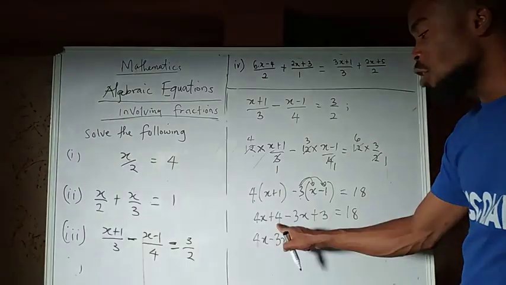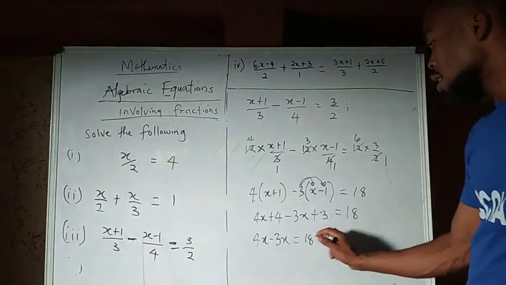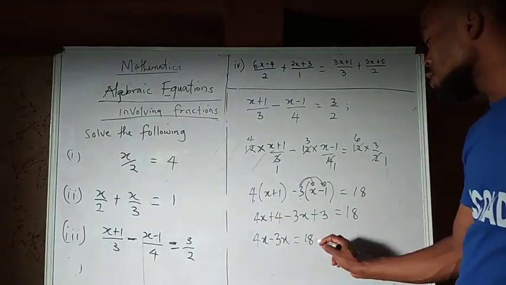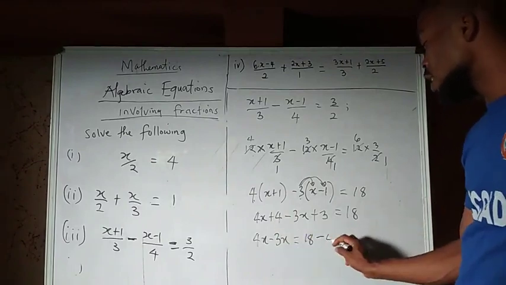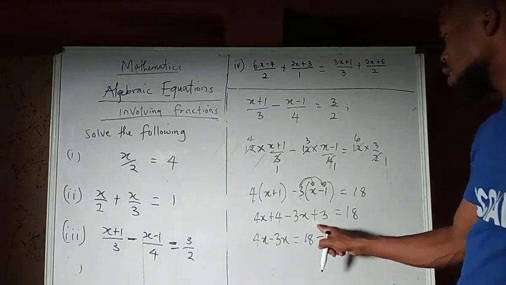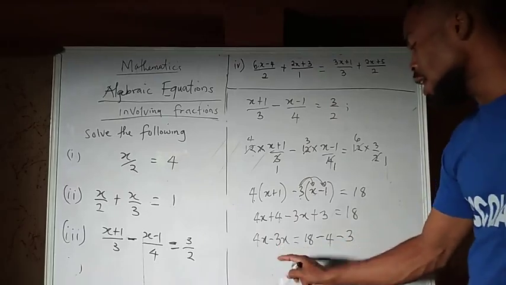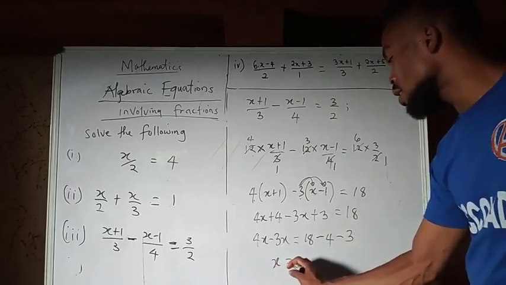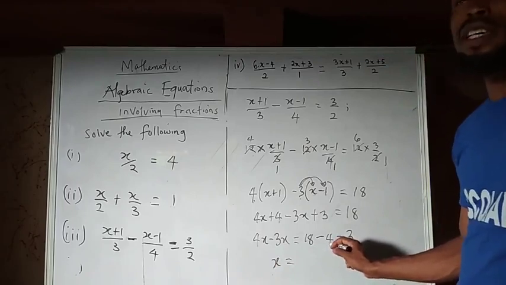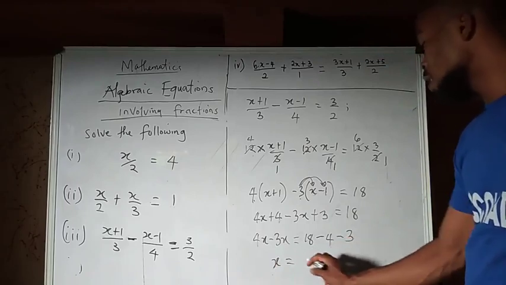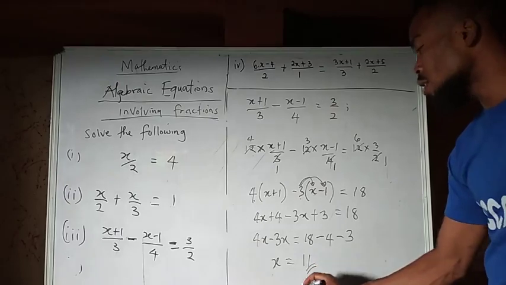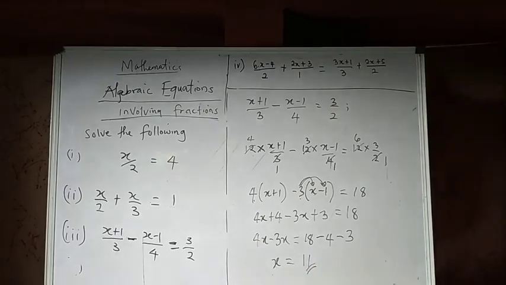Plus 4 is positive here, so it's going to become negative on the other side, minus 4. And then plus 3 here comes over, it's going to become minus 3. So 4x minus 3x is simply x. 18 minus 4 is 14. 14 minus 3 is 11. So our answer in this question is simply 11.